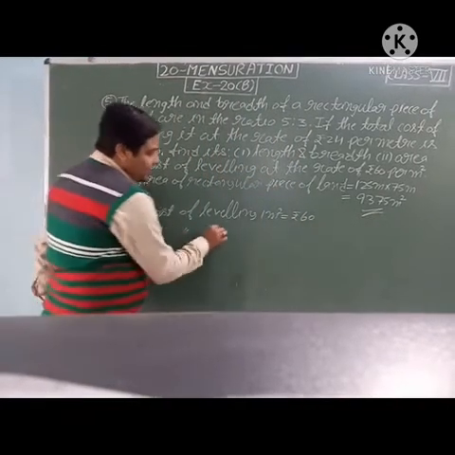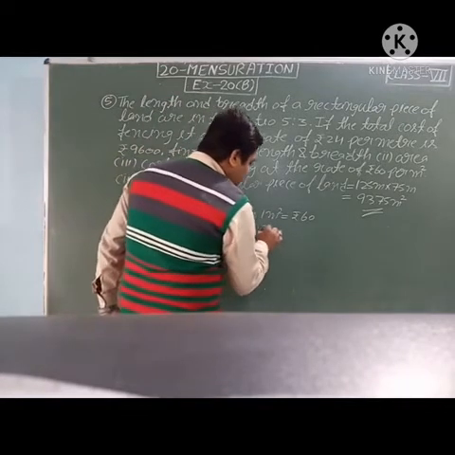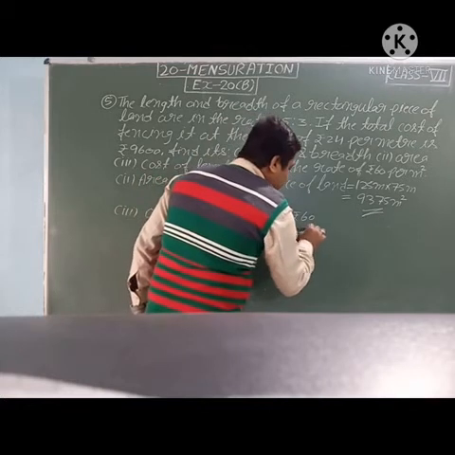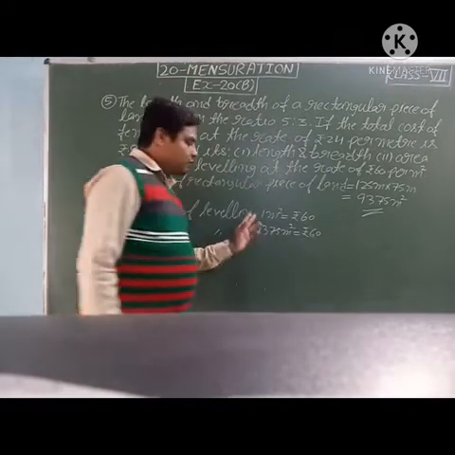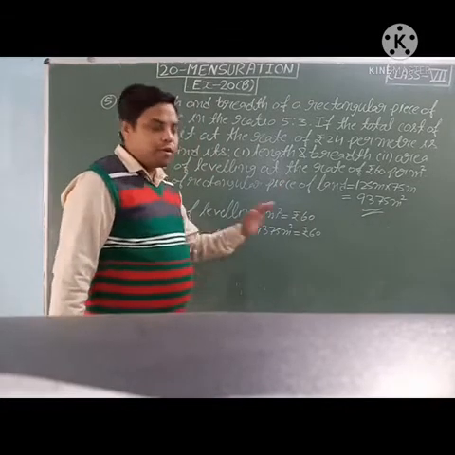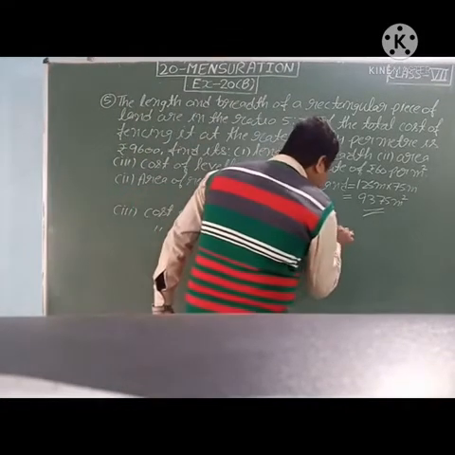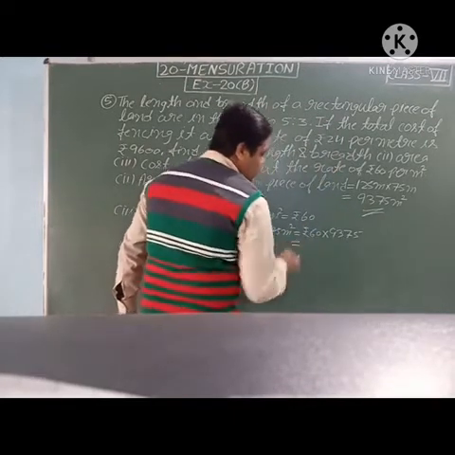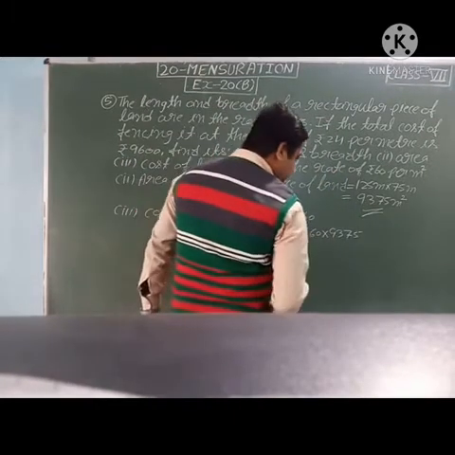Cost of labeling of 9375 meter square, cost of 1 meter square is rupees 60. So for this, we have to multiply 60 by 9375.